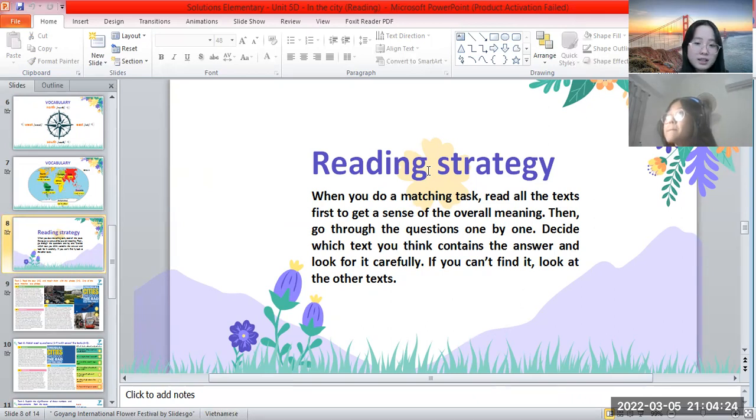And if this text doesn't contain the answer and you can't find it, you can look at the other texts. The questions and the answers follow from the top to the bottom, so it's easy for you to read through all the questions, and then look at each paragraph that contains the answer.